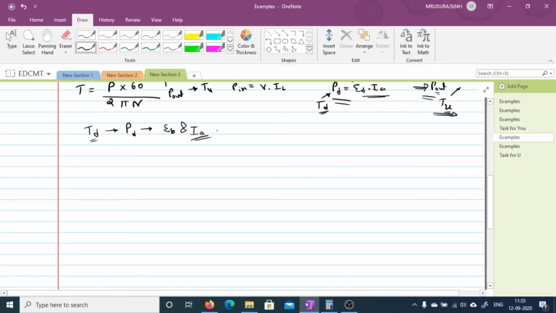So our armature current I_A will be equal to 60 ampere. Now we need to find the back EMF. The equation for back EMF for a series DC motor is V minus I_A into (R_A plus R_SE). So let's place the values.